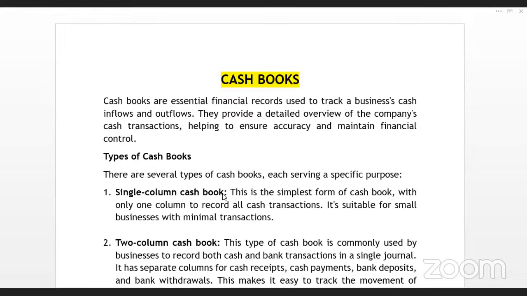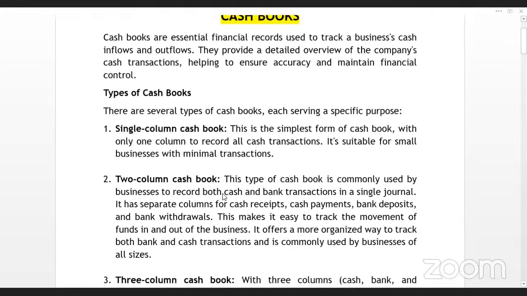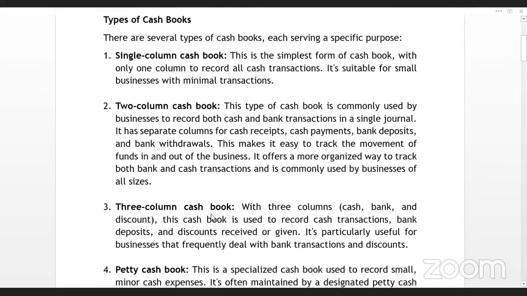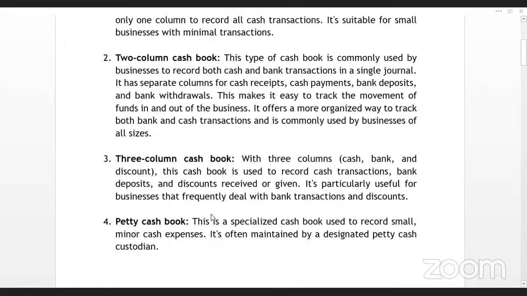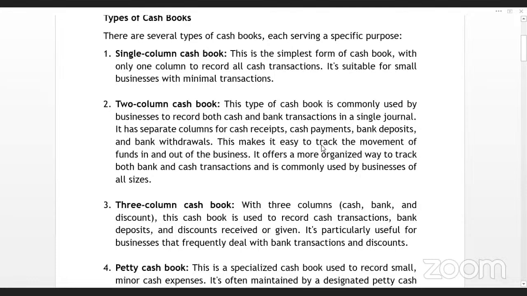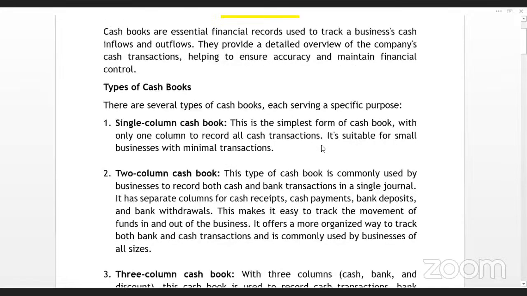Then we also have a three-column cash book. And then there is a petty cash book. Those are the types of cash books which we have. Now we need to know what a single column cash book is, what a two-column cash book is, what a three-column cash book is, and then what a petty cash book is.